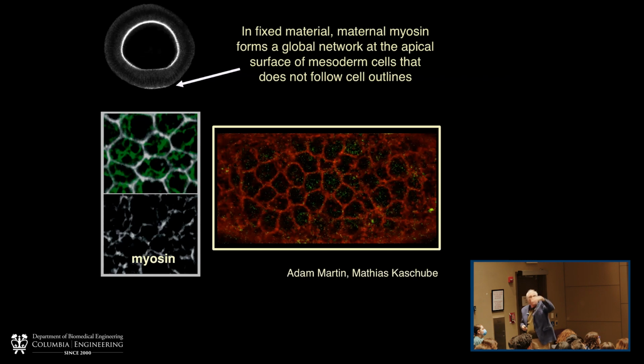So we anticipated that the myosin that was accumulated would outline individual cells on the apical surface and provide belt-like constrictions. Amazingly, when we looked at the accumulation of myosin, we saw something totally different.